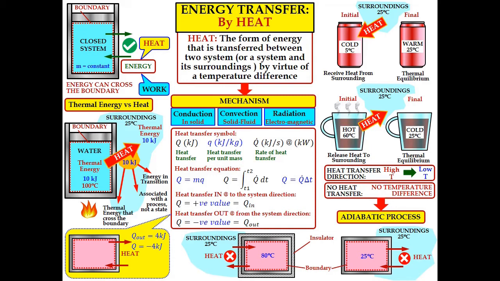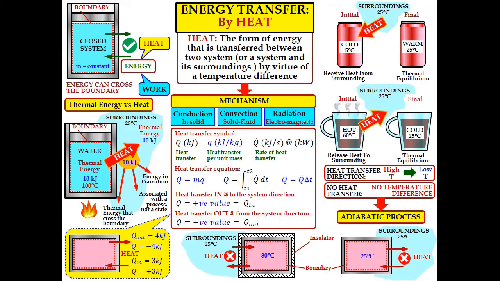For heat transfer into the system, let's say the value is 3 kilojoule, so we can write Q in equal to 3 kilojoule, or just Q equal to positive 3 kilojoule.